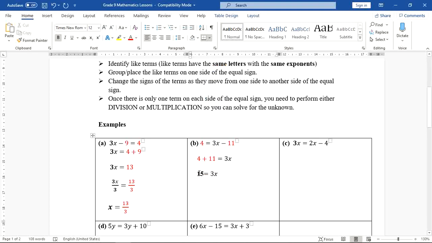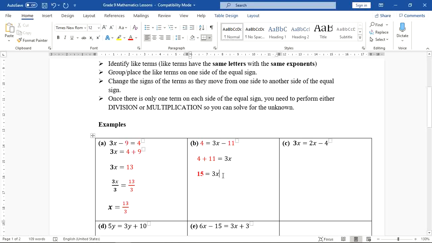Now we need to divide both sides by 3. Remember, we are looking for x, not 3, so we need to cancel this 3. For us to cancel it, we divide both sides by 3. We know that 3 is a factor of 15, or we can say 15 is a multiple of 3.